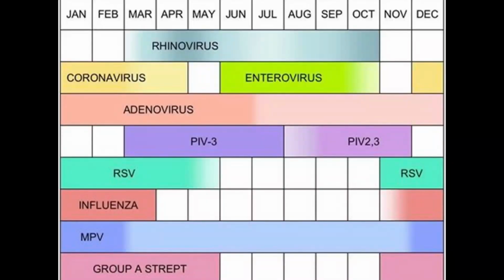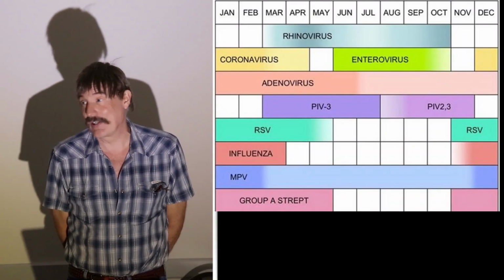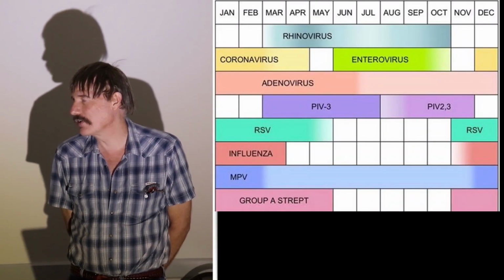Okay, so this is a list of viruses and one bacteria, by the way, that cause respiratory problems throughout the year, and some of them are seasonal. Now, rhinovirus is not enveloped; it's an RNA virus, and that's the most common cause of colds.